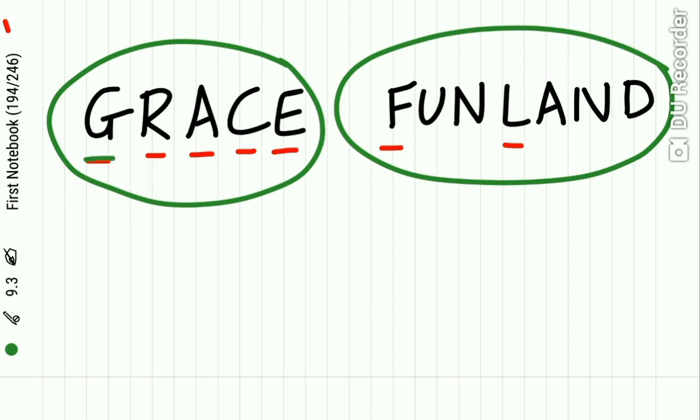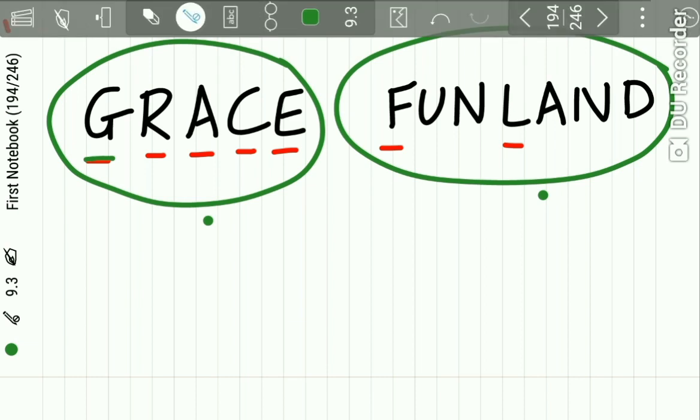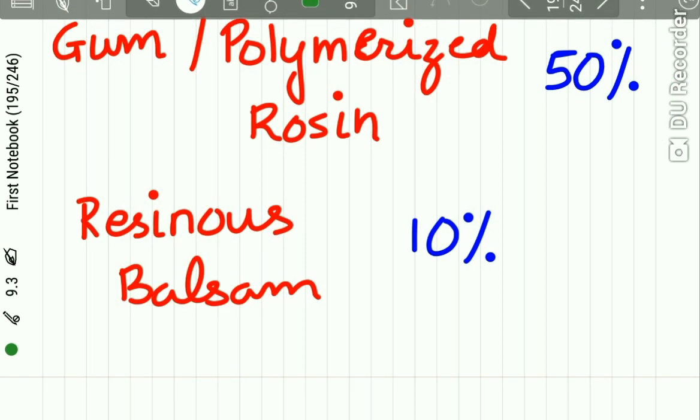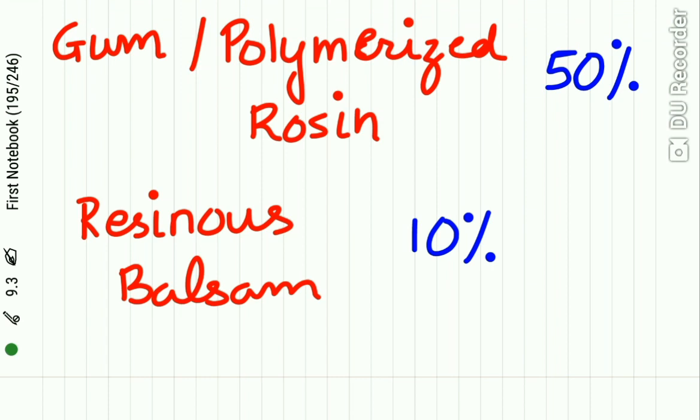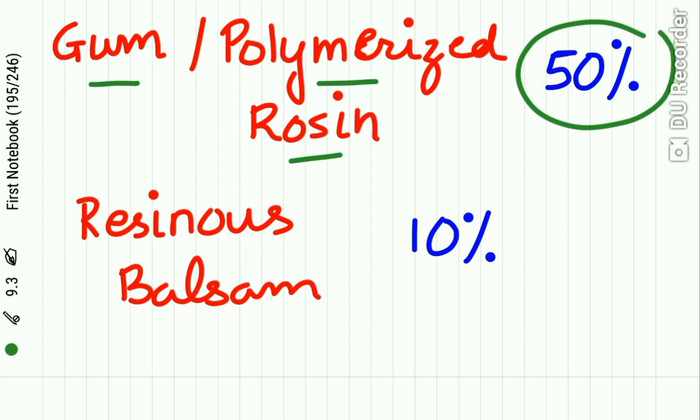Now let us see how each alphabet in these two words helps you to remember the content. So, the first alphabet of the word Grace, G, it contains gum or polymerized rosin, which is the ingredient present in the maximum content in the accelerator paste, that is 50%.